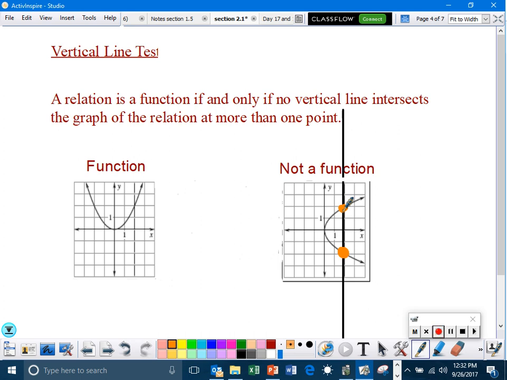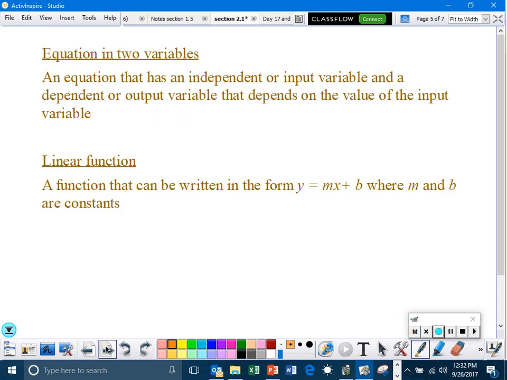All right, I will pause for about 20 seconds and then we'll continue. All right, we're going to continue.